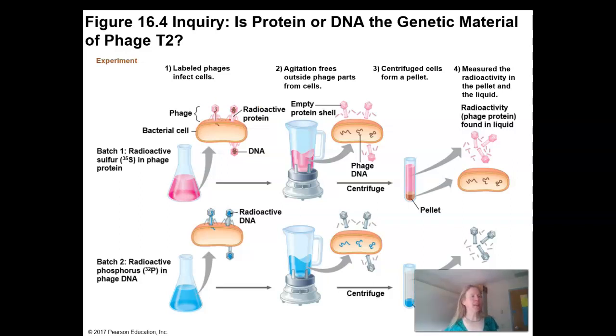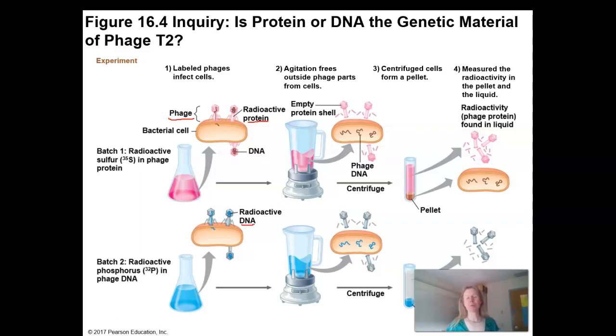So we're working with bacteria, and we're working with a specific virus that infects bacteria. These are called bacteriophages, or sometimes for short we just call them a phage. Basically, they radioactively label the two parts that make up a virus. Here they put the protein in pink, and here they put the DNA in blue.